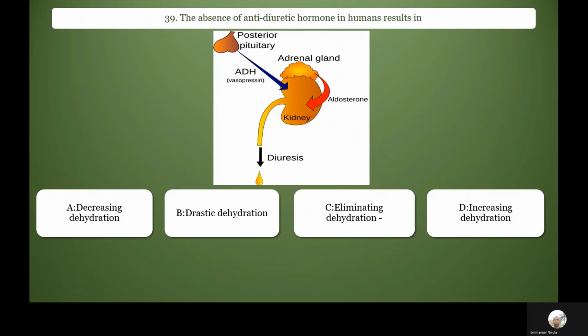If the level of water in your bloodstream is lower than normal, the pituitary gland of the brain produces ADH that is taken by the blood to your kidney to bring more water into your bloodstream from the kidney tubules. So if the ADH is lacking, there will be increasing dehydration. So the correct option here is D.